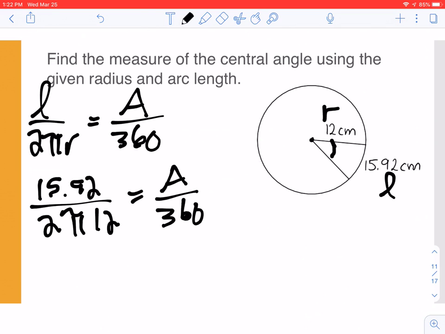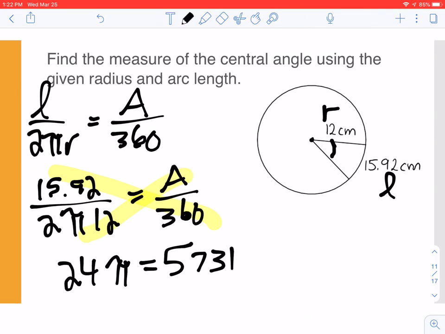So we're going to cross multiply. Okay, and when I cross multiply, 2 times 12 is 24. So I'm going to go 24 pi equals 360 times 15.92 equals 5731.2.